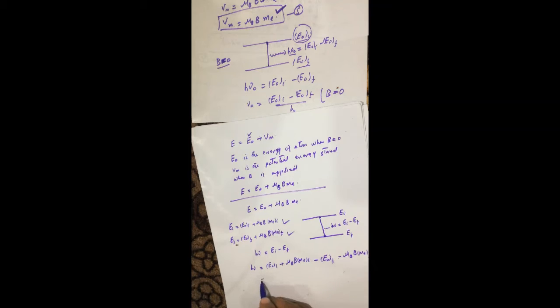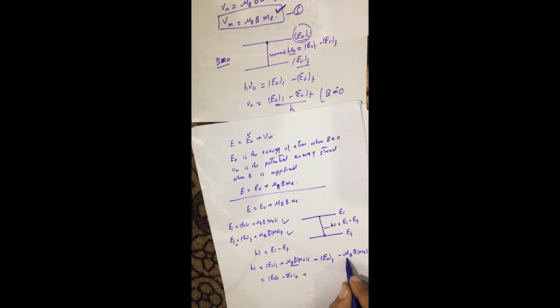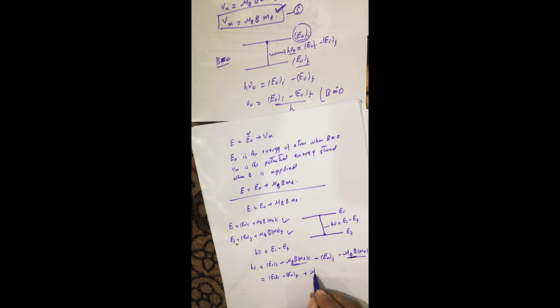I can rearrange these terms. We have E naught I minus E naught F plus, we have this term, these two terms mu B into B are common in both of these terms. This factor is common in both these terms, so I can keep it outside, mu B into B. So here we have MLI minus MLF.